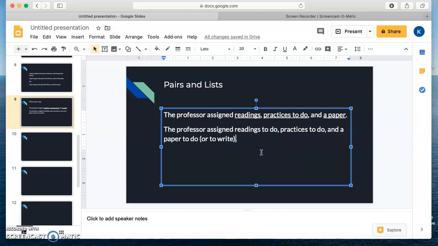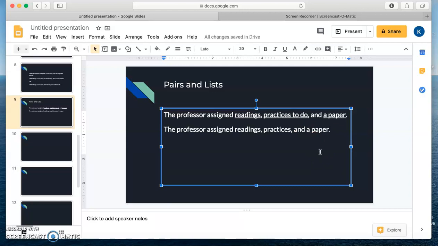Therefore, we can get rid of it completely because it's understood. And if we wanted to include all three of them, that would be fine. It would make the sentence wordy, and we don't want to make sentences unnecessarily wordy. But by all means, assigned readings, practices, and a paper, all of these things are things that it's expected that the students do. And so to have it written out right here is wordy, unnecessary, and it makes the sentence not parallel.